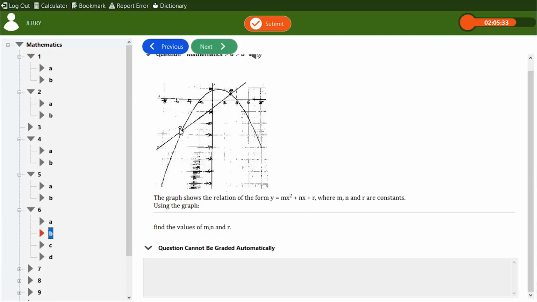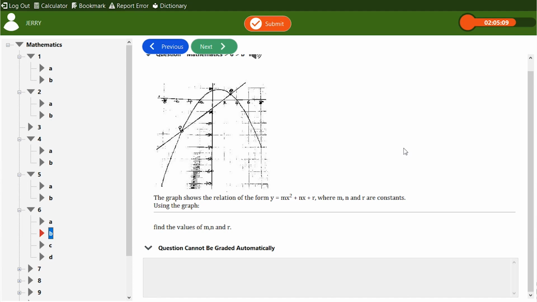See point P, see point Q. Tracing this down to y-axis here. This is 10, 20, 25, 30, 35, 40, okay? So let us get the coordinates.